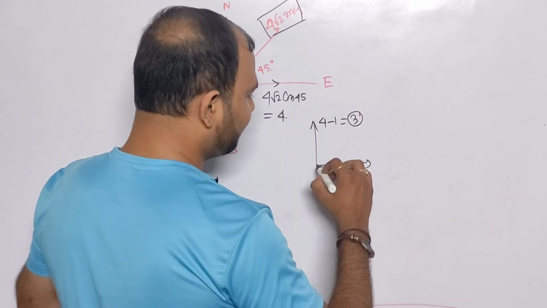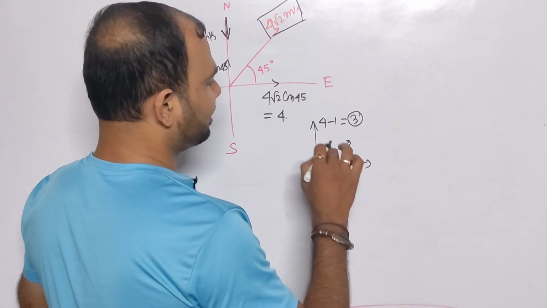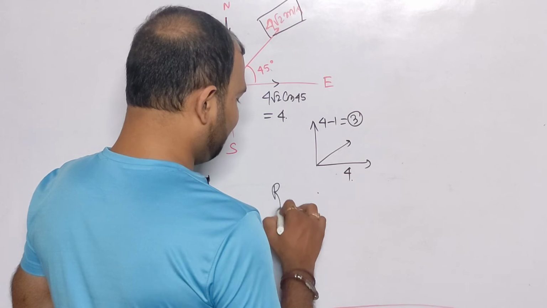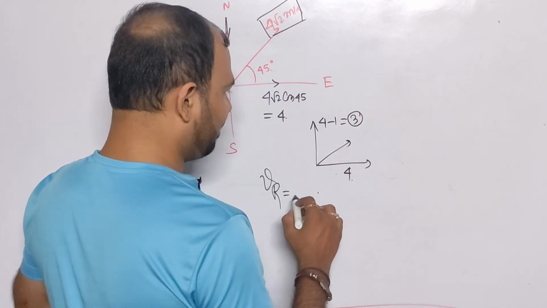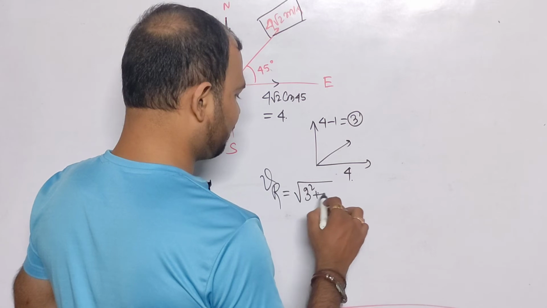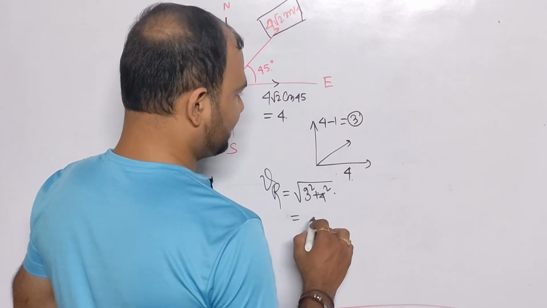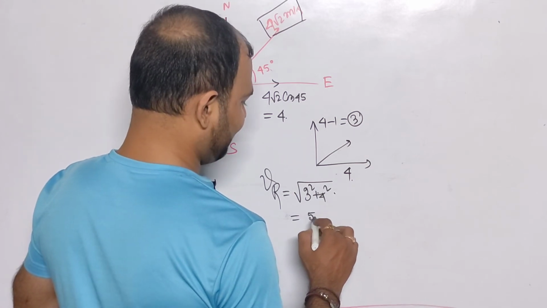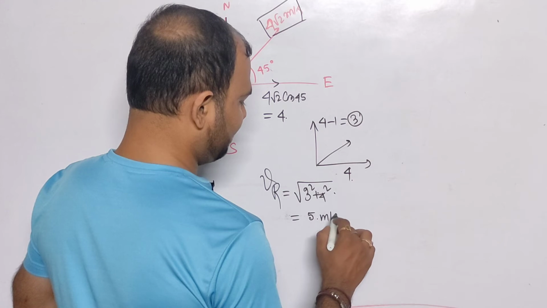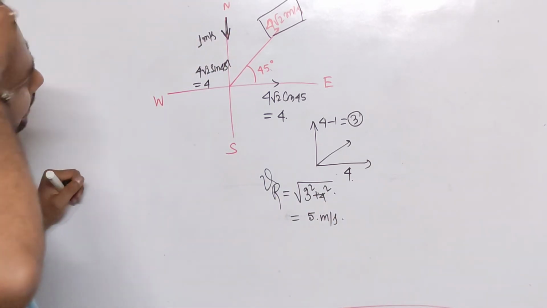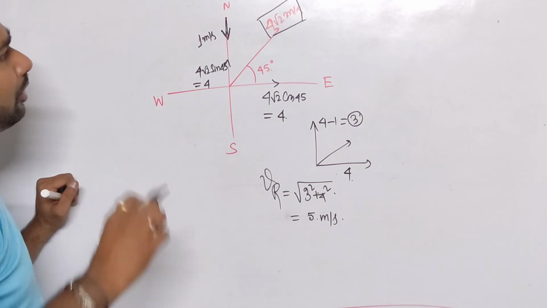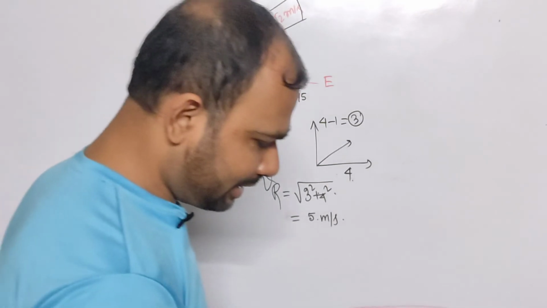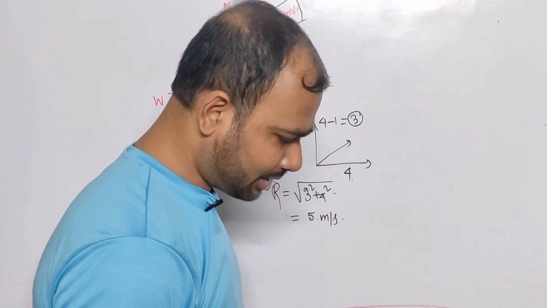What will be the resultant velocity? This will be the resultant velocity of the butterfly when the wind is flowing. V resultant will be root over 3 square plus 4 square, that is 16 plus 9, 25, that is 5 meter per second. 4 root 2 is 5.65, it will be more than 5, so the velocity is decreased to 5 meter per second.